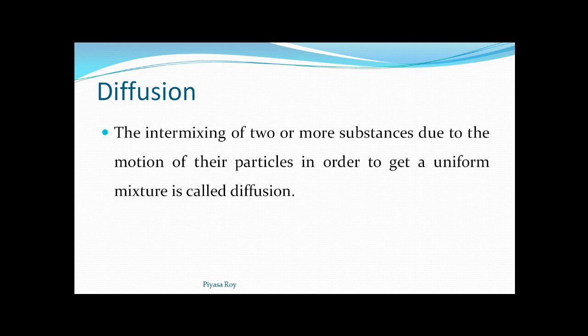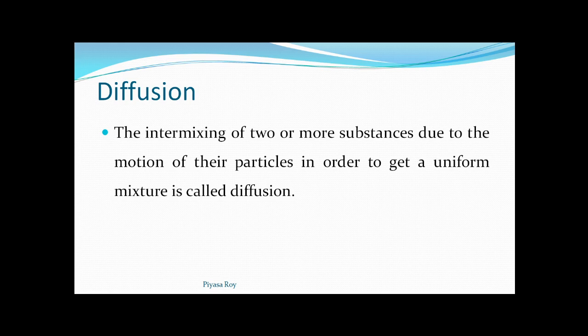Now we will discuss the term diffusion. What is this? Diffusion is the intermixing of two or more substances due to the motion of their particles in order to get a uniform mixture. So this is a kind of random motion.